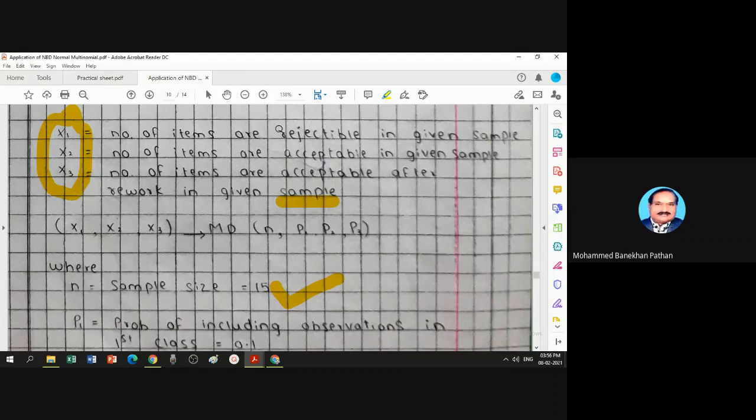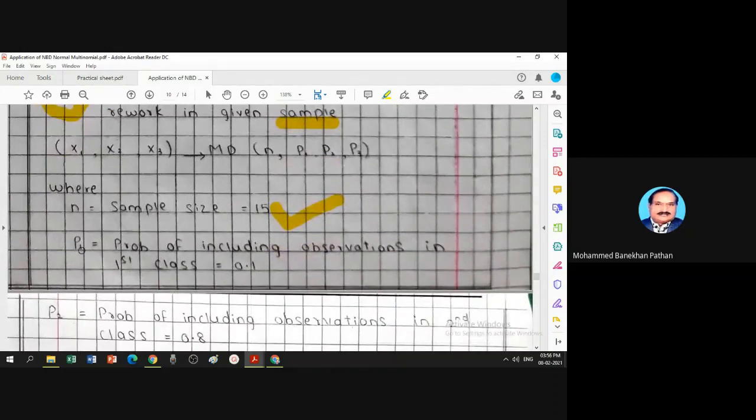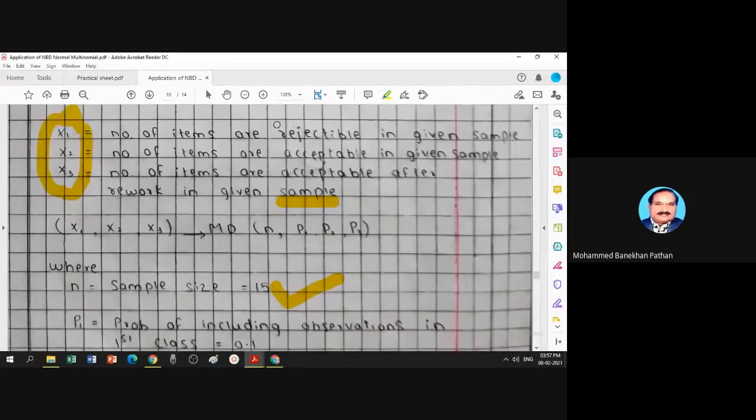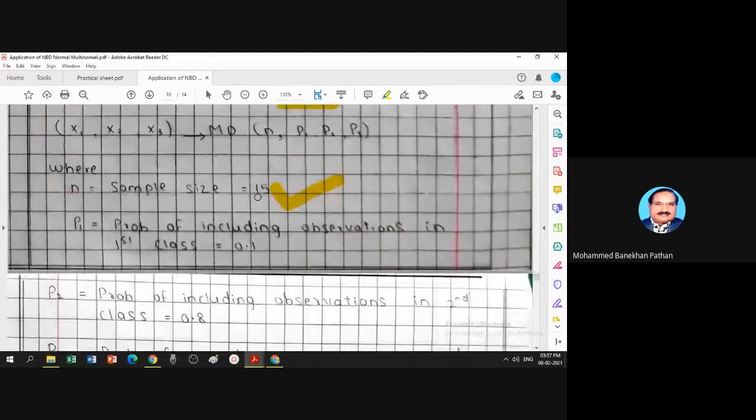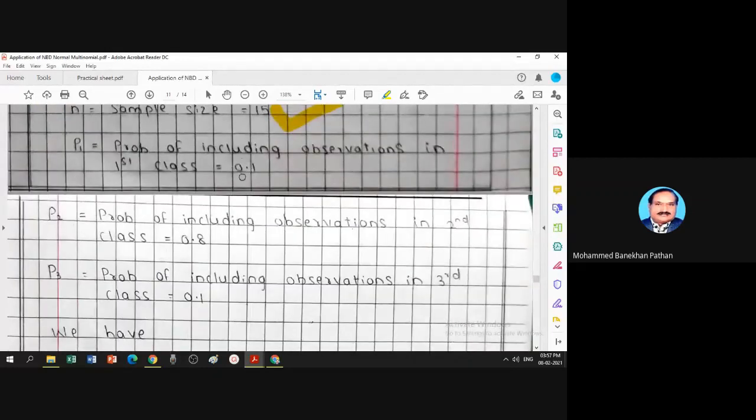The question says 80% items are acceptable, 10% are rejectable, and 10% acceptable by rework. So P1, the chance of rejecting the item, that is including an observation in the first group, the rejectable group, is 10%, so 0.1, 10 upon 100.